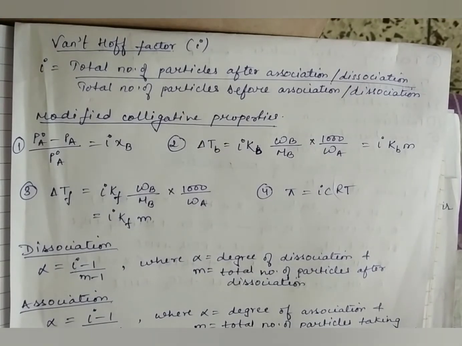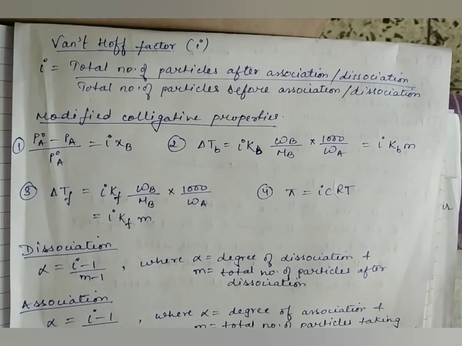Now, due to dissociation and association of particles, the colligative property formula as such cannot be used to determine exact molecular mass. However, by introducing a factor called the Van 't Hoff factor, the colligative property formula can be used. So what is the Van 't Hoff factor?